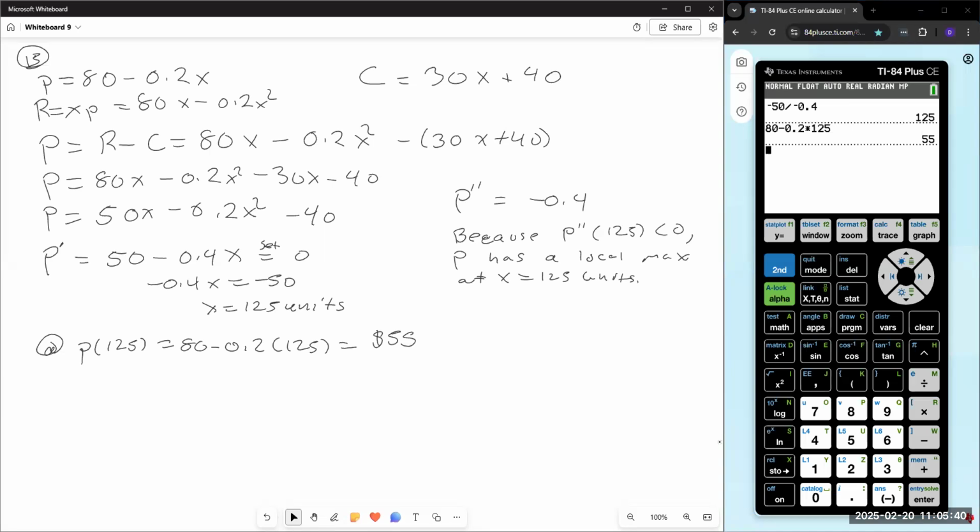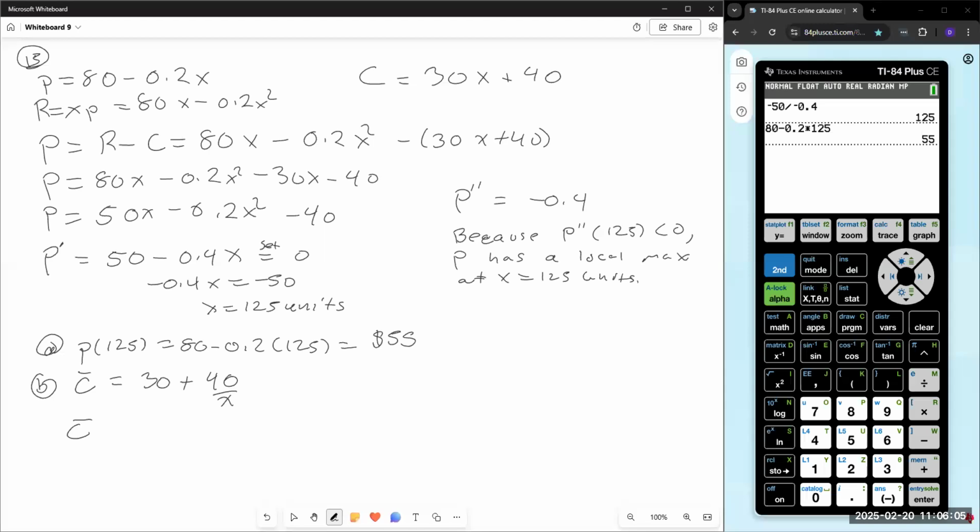Then part B asks us, when the profit is maximized, what is the average cost per unit? So average cost per unit is going to be 30 plus 40 over x.